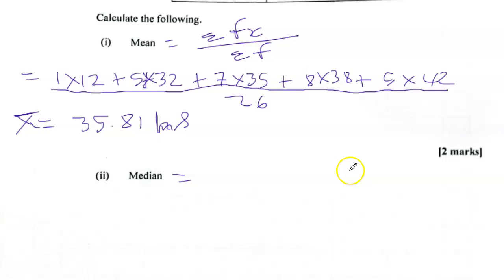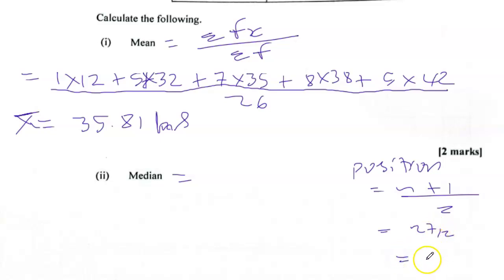So the position for the median is n plus 1 over 2. Alright, so n is 26. So n plus 1, that's 26 plus 1. That's 27 divided by 2. That's 13.5. So the median is found between the 13th and the 14th value.